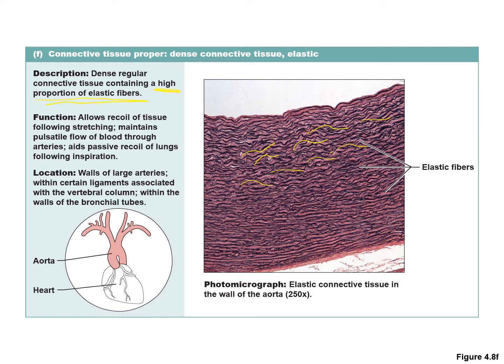You would not find it so much in the body, but in the large arteries, you will find it in the walls of the elastic arteries. So here's your location: walls of large arteries, some ligaments associated with the vertebral column, and walls of the bronchial tubes. Okay, so that's our elastic tissue.